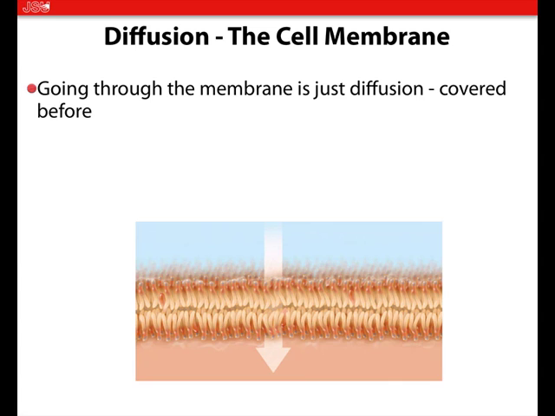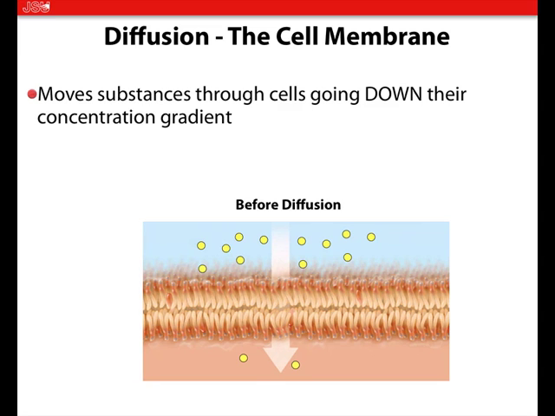Okay, so before we had 2 cylinders with different concentrations. Well, along the membrane, we have an area with more concentration of molecules, and the other side has a lower concentration of molecules. In that case, those molecules are going to move, or those atoms are going to move from high to low concentration. Okay?